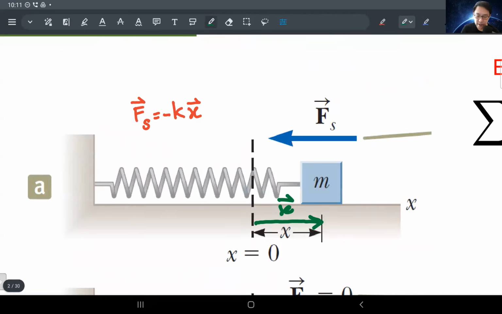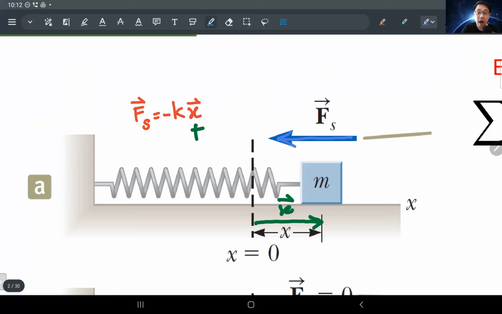For example, in the first figure, figure A over here, x is positive because it's being stretched. With the negative sign in front, that means the force due to the spring will point in the negative x direction. You guys with me? And that is this blue arrow right here.